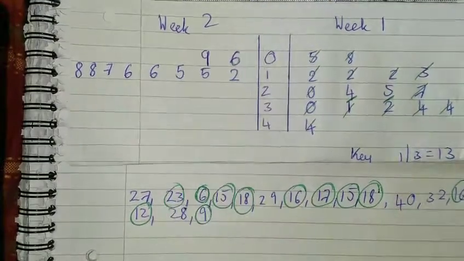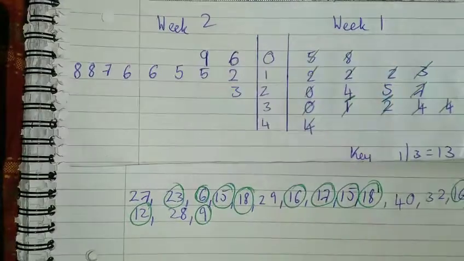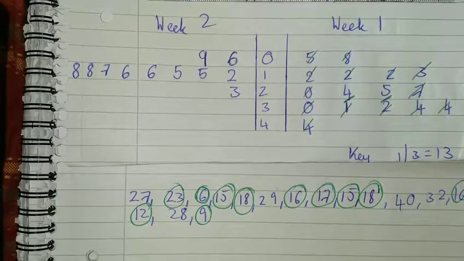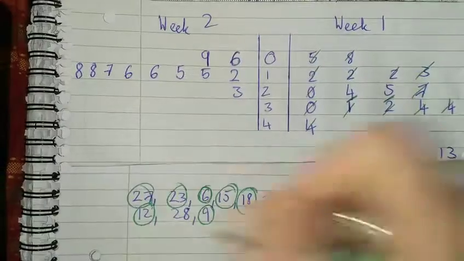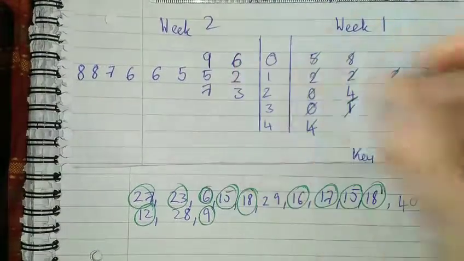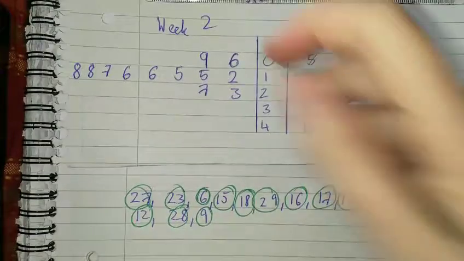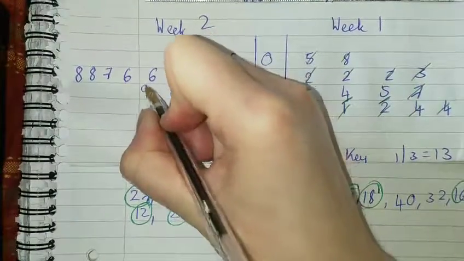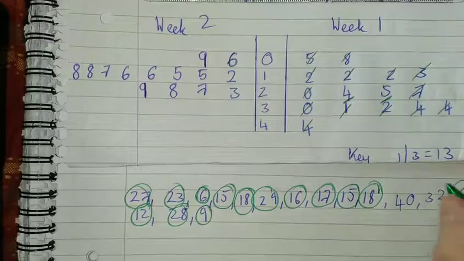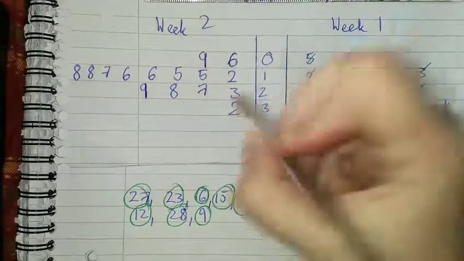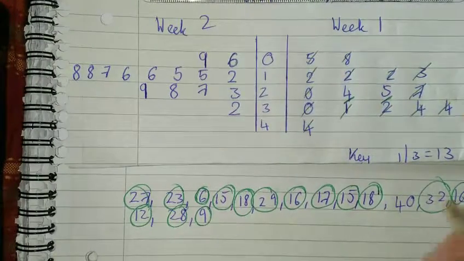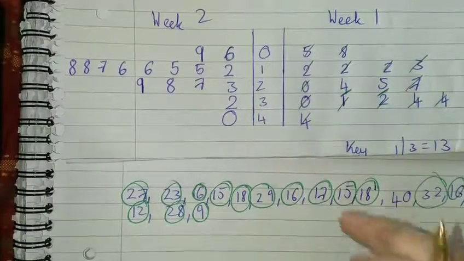Then for my 2, I have 23, so my 3 here, and I have 27 and 28 and 29. And then for my 30, I have 32. And then for my 40, I have 1 in this.